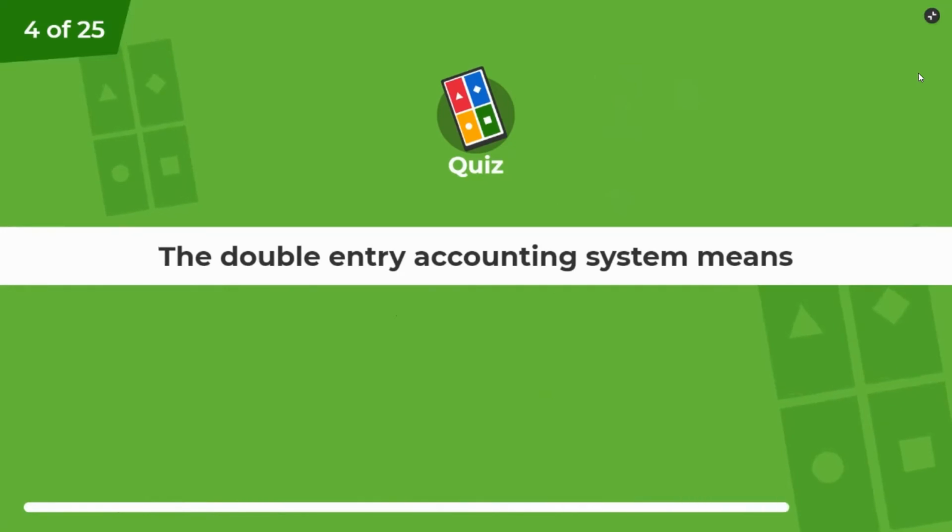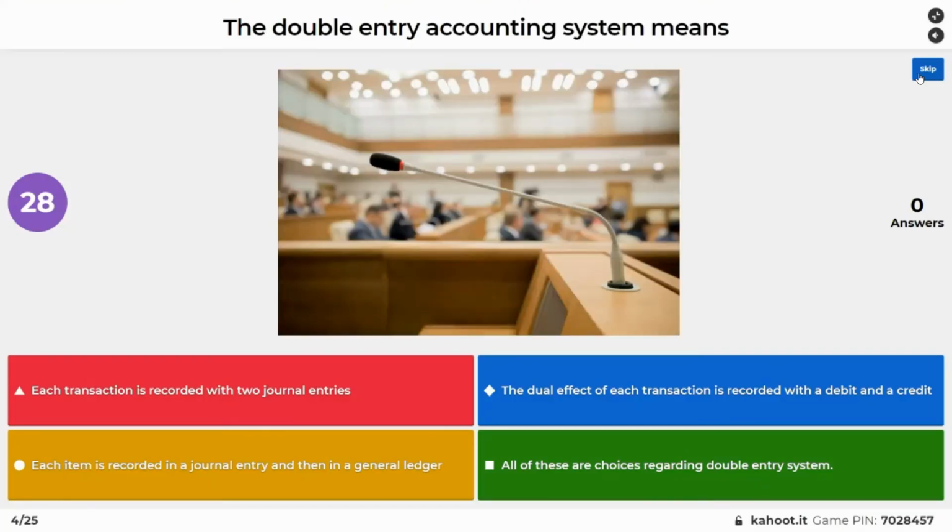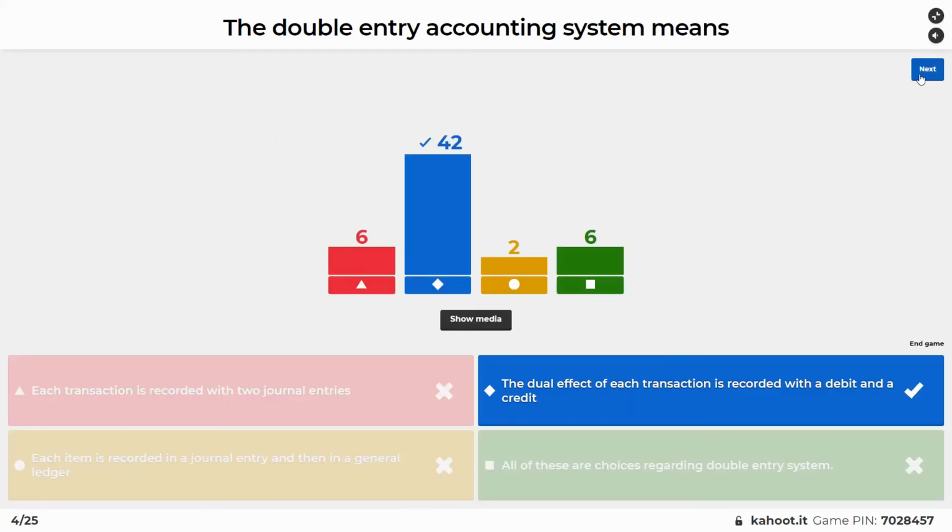The double entry accounting system means sige.